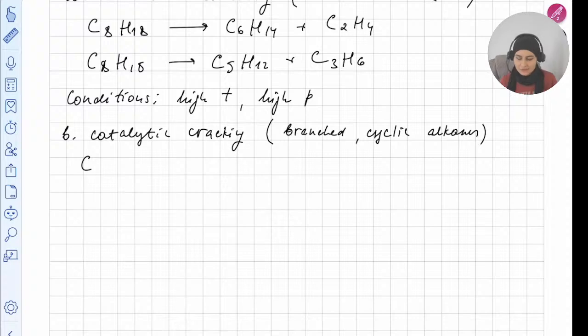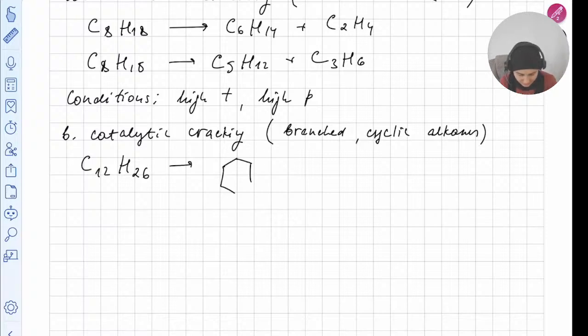Obviously, you guessed we have to use a catalyst. Let's say we have something like, again, maybe C12. Let's take something longer. For an alkane, it would be CnH2n plus 2, so 12 times 2 plus 2, 26. And we can form something cyclic and branched. For example, we could form cyclohexane.